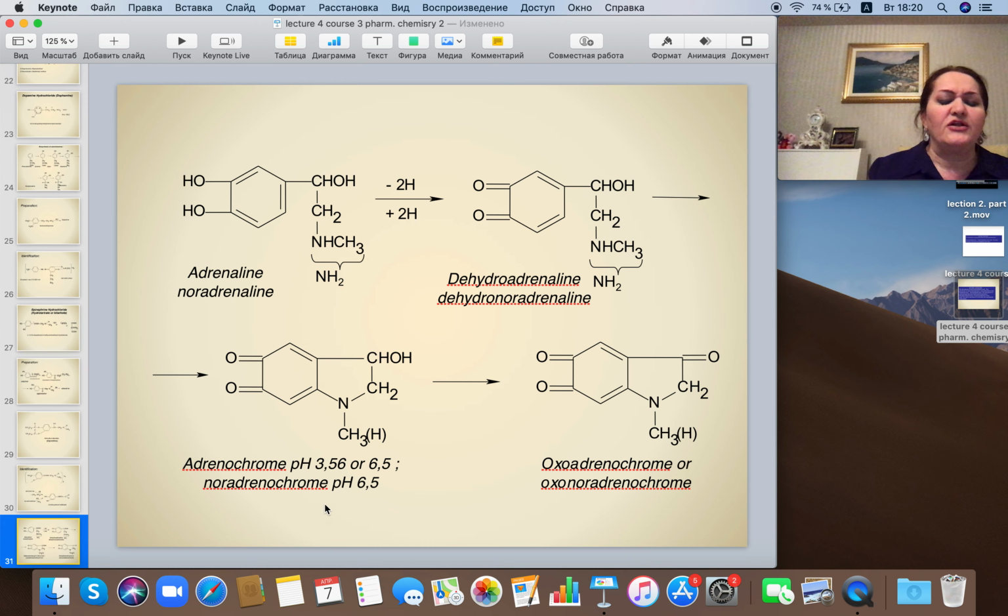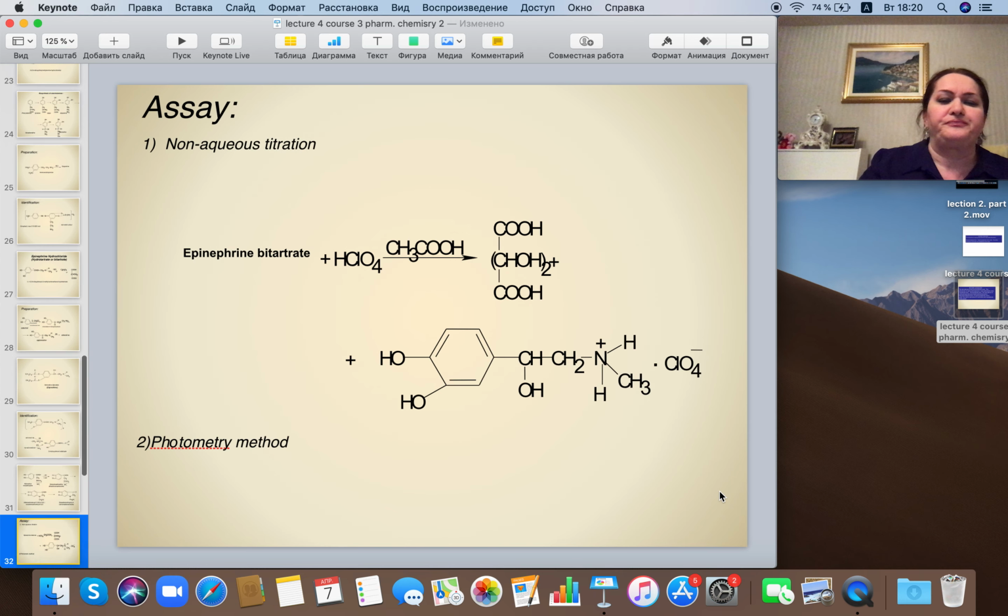For noradrenaline pH 6.5 is used. At the end of the reaction adrenochrome, noradrenochrome, and oxoadrenochrome, oxonoradrenochrome form, and these have violet and violet-red color.